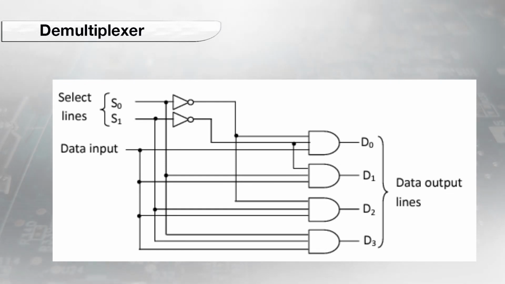Here we have one input line and the combination for the selection lines, that is S0 and S1, and depending upon the combinations the data input is transmitted to the output line. So if we see a black box here, we will get one data line at the input along with 2 selection lines. The output will have 4 lines.